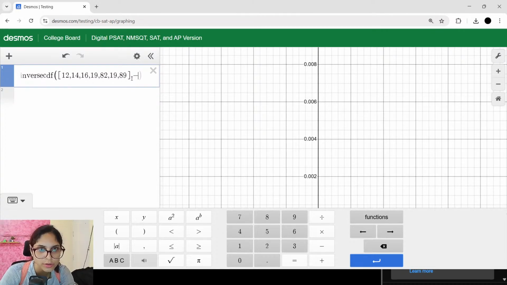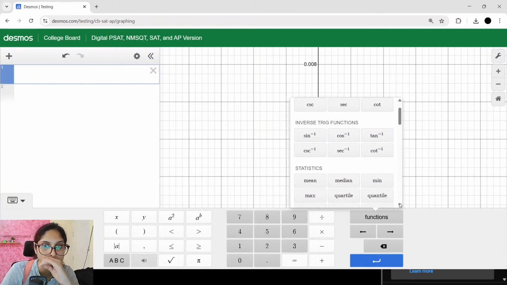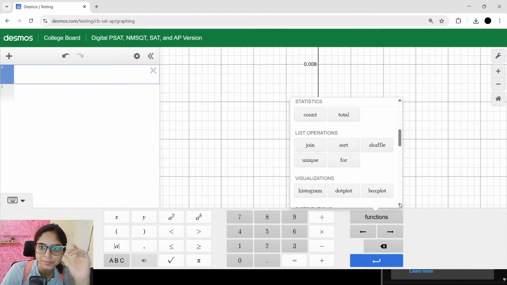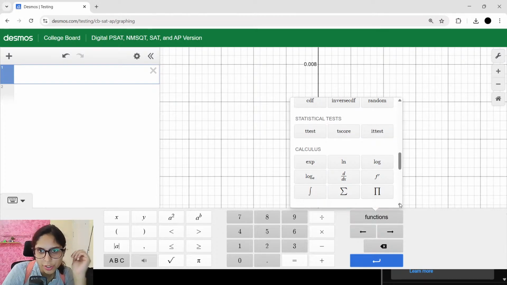So I think you can go from 0 to 1. Yeah, so that is inverse CDF. You can also figure it out from here. Now you can also do the statistical tests, but I'll skip that for now.